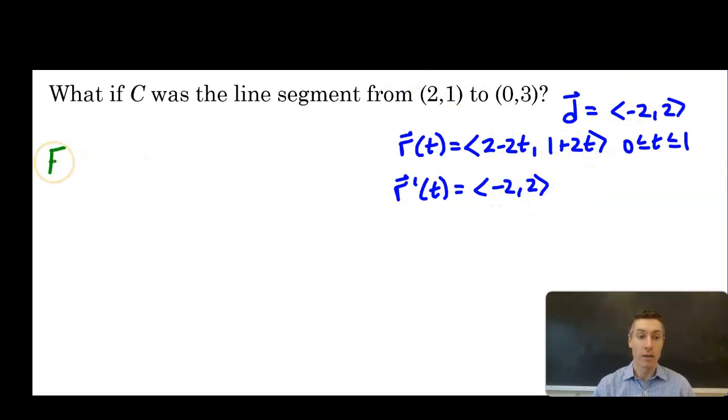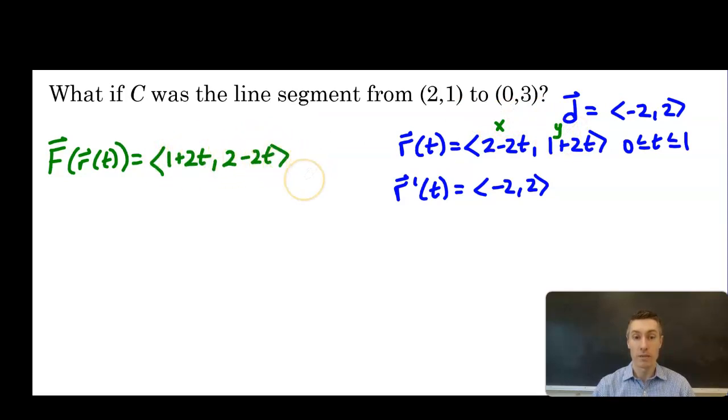We need to redefine the vector field in terms of t. So remember x and y. So we have 1 plus 2t, 2 minus 2t. Now we can compute the dot product. So f dot r prime of t is -2 minus 4t plus 4 minus 4t.